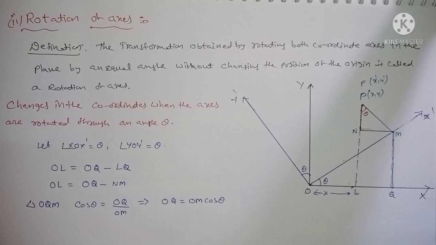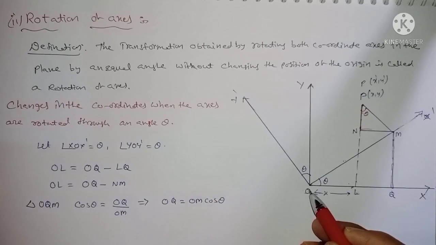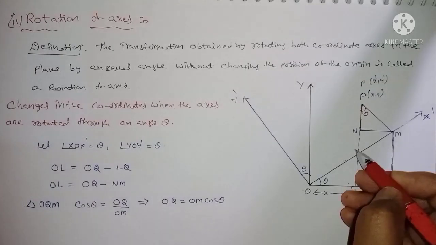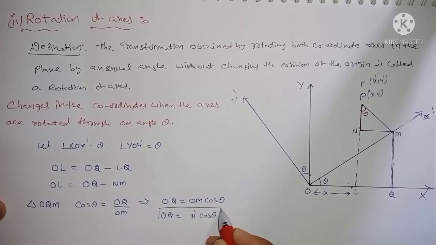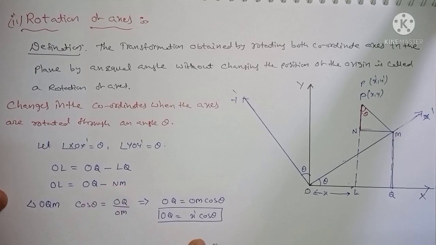OM is nothing but the x dash axis, so OQ is equal to x dash cos theta. First one, you got your OQ value, and similarly you can find the NM value.